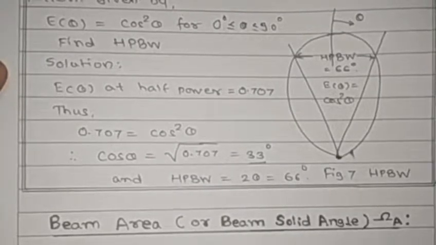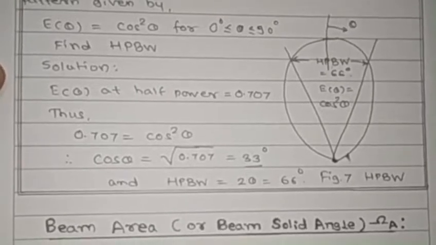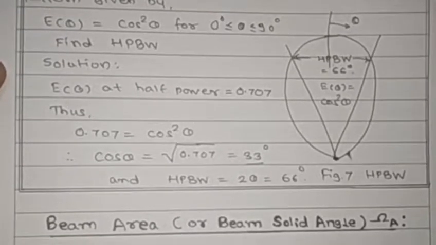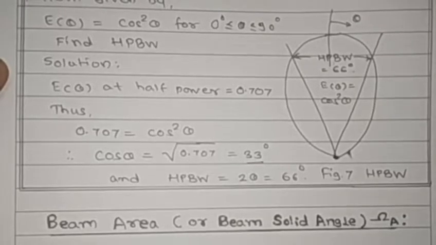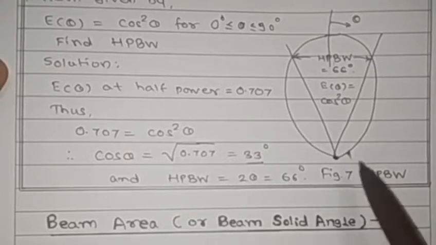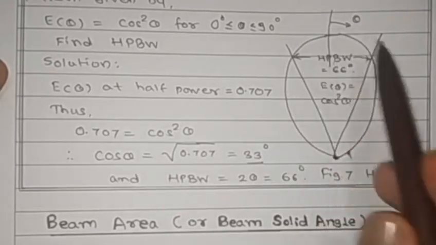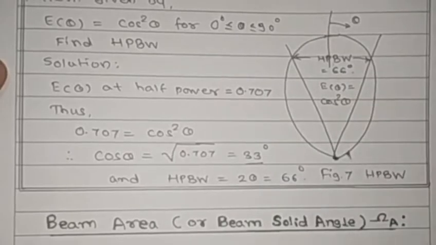So in this lecture, we discussed pattern, the shape of the pattern, and the parameters of the radiation pattern of an antenna, such as major lobe, minor lobe, HPBW, FNBW. In the next lecture, we will study beam area or beam solid angle, a technique to measure the area of the radiation pattern. Thank you.